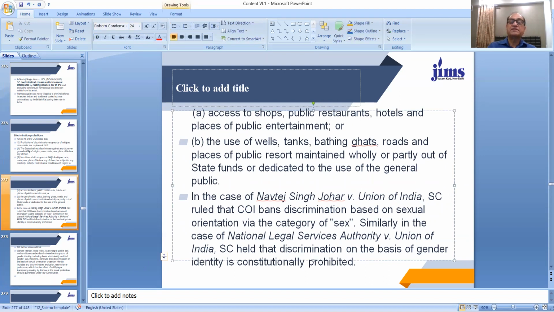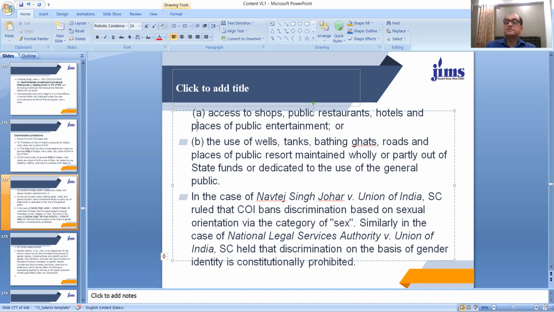You cannot discriminate only on the ground of sex so far as entry into a shop, public restaurant or hotel, or other places of public entertainment is concerned.